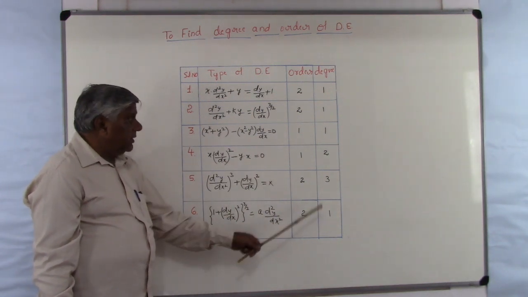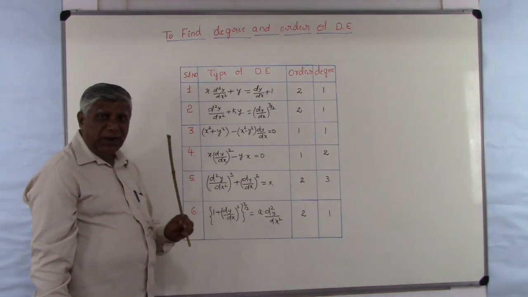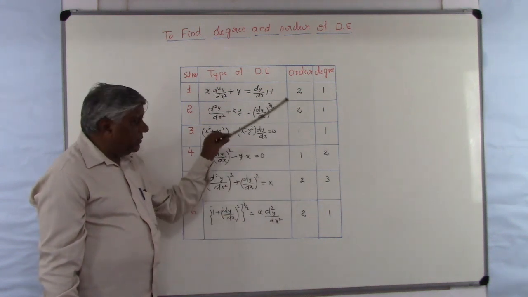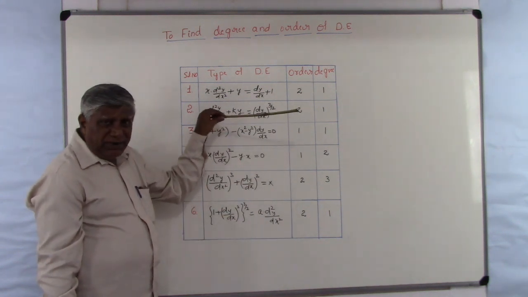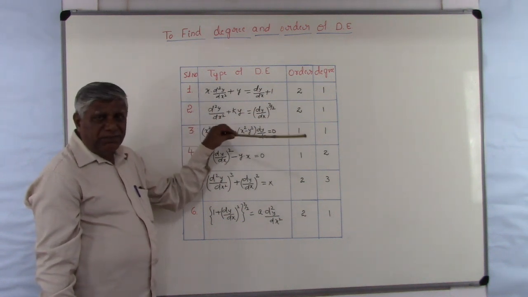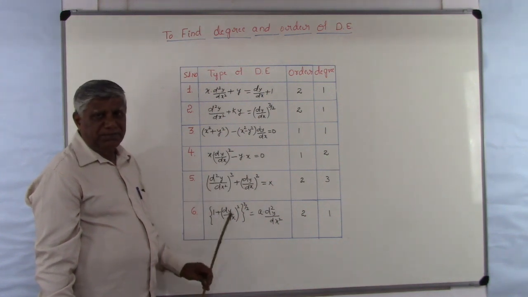And the power to which this is raised is 1. Therefore, degree is 1. So we have seen the order and degree for different varieties of differential equations.